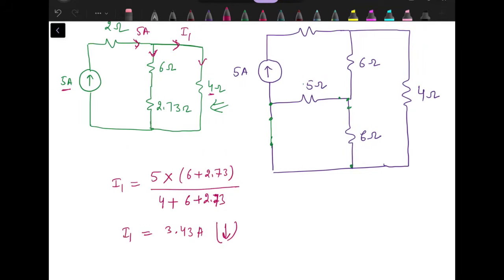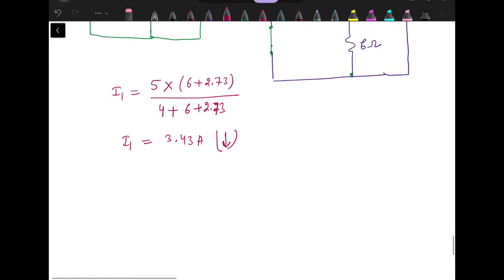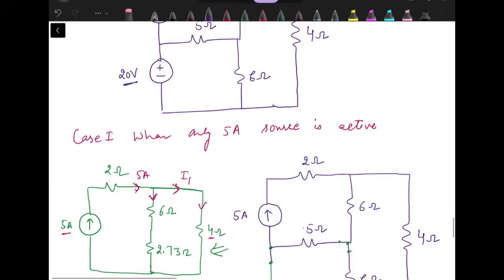Now let's move on to the second case, case 2, when the 20-volt source is active.